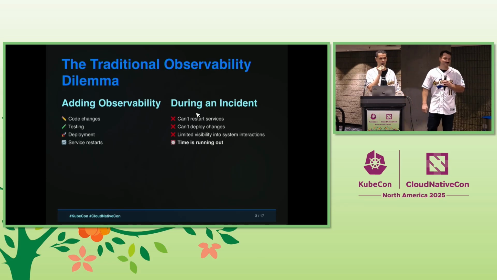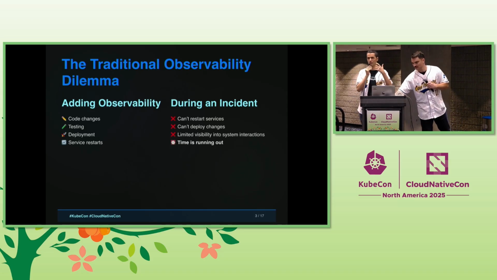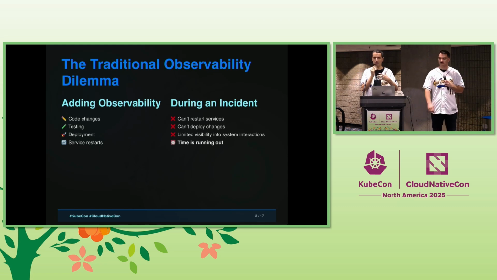We are going to talk about the traditional observability dilemma. Adding observability to your system usually requires changing the code, or even if you have SDKs that perform automatic instrumentation, it requires reconfiguring your application and testing that everything works.